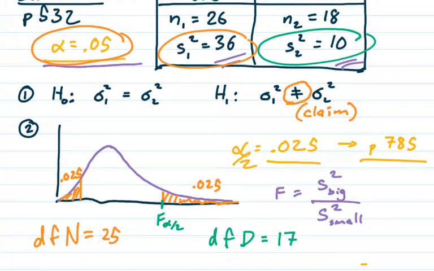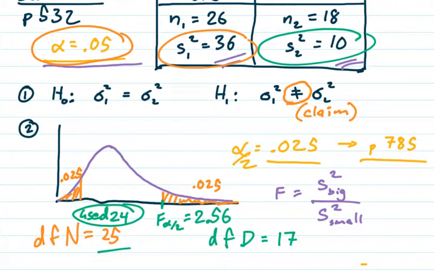So now we'll go ahead and look up that critical F value. And there we had to round down for this one. We used 24 degrees of freedom since there was not one for 25 exactly for DFN. So our critical F value is 2.56.